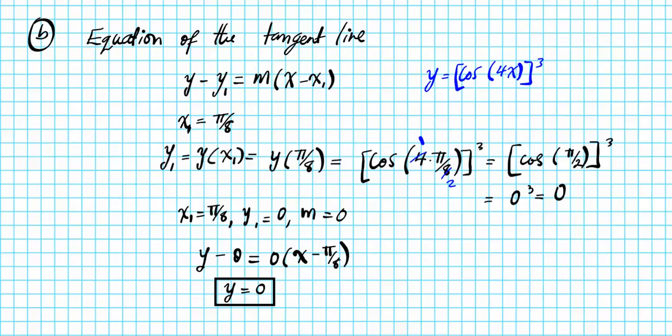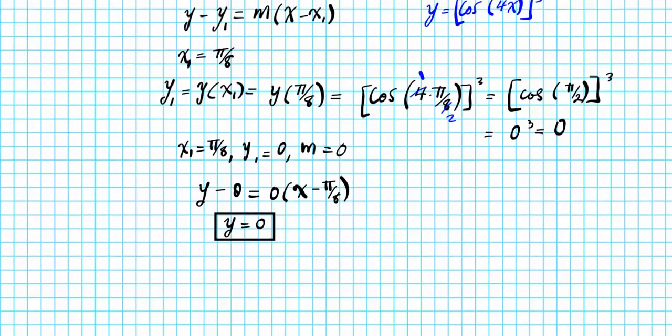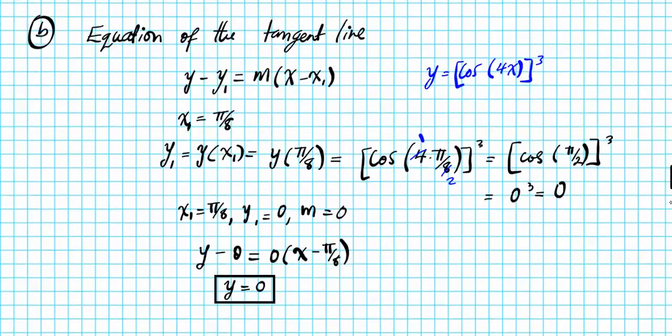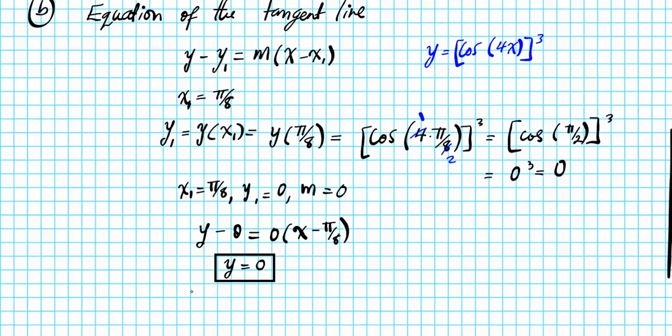Okay, now let's finish it up. The last part, we have to use this to approximate y of something, I don't remember, f of 0.5. Okay, so for the C part, we're going to approximate f of 0.05. 0.05 is close to pi over 8, which is approximately 0.39.